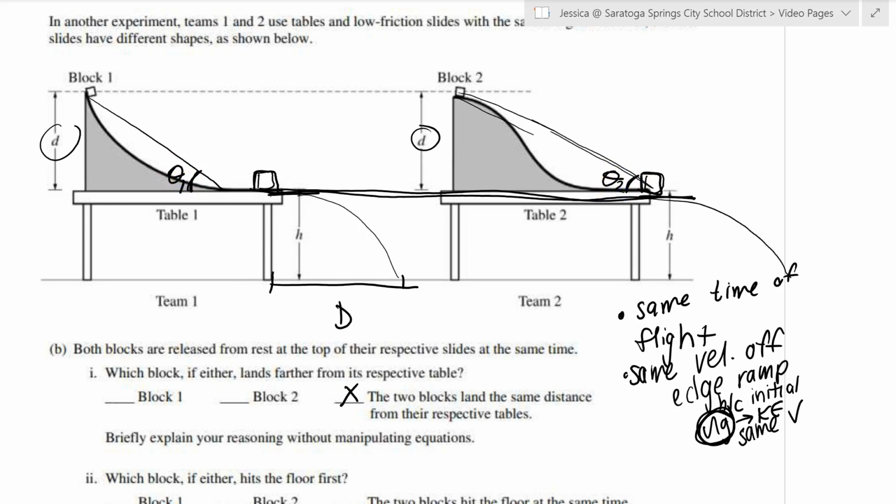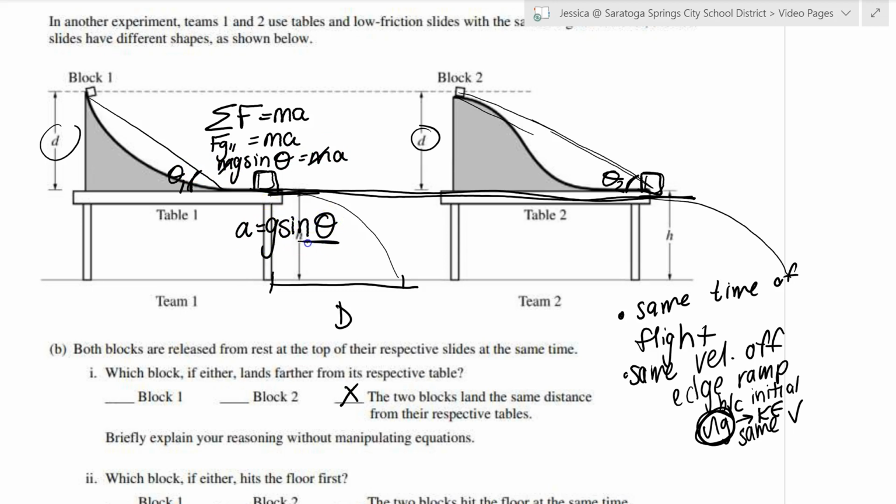If we remember, when we're going down an inclined plane, the thing that is causing the net force, which causes the acceleration, is the parallel component of the force of gravity. So this is really mg sine theta is ma. So the acceleration of these is going to be dependent on g sine theta.